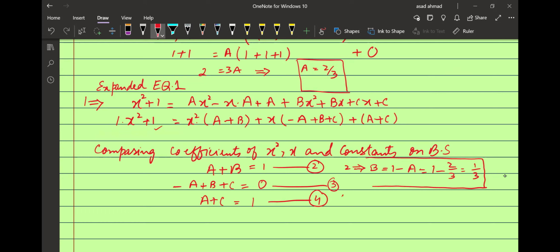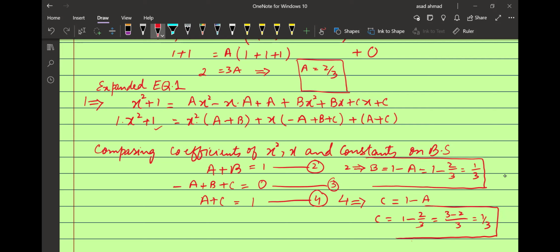So we can work out equation number 4, which is much easier to calculate. C is equal to again 1 minus a. So a is equal to 2 by 3, and again after taking LCM, we get 3 minus 2 by 3, that is 1 by 3. So this is how we will obtain the value of C as well.